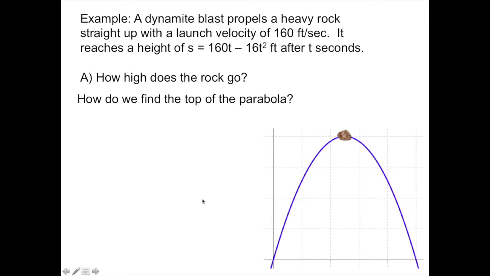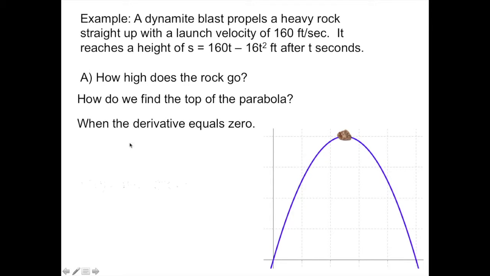So if we think about this from a calculus standpoint, that top point there is when we have a horizontal tangent. So that's when that slope of the curve is horizontal. And of course, if I say slope, you're probably already thinking derivative. So we have to find where the derivative is equal to 0.